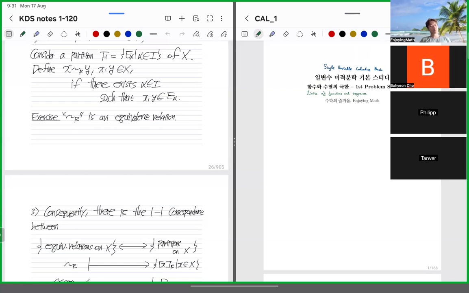I couldn't hear the last line properly. What did you say? We say both x and y come from some E alpha. If both come from some E alpha, then x is related to every other element in E alpha, so we automatically get the transitivity property.